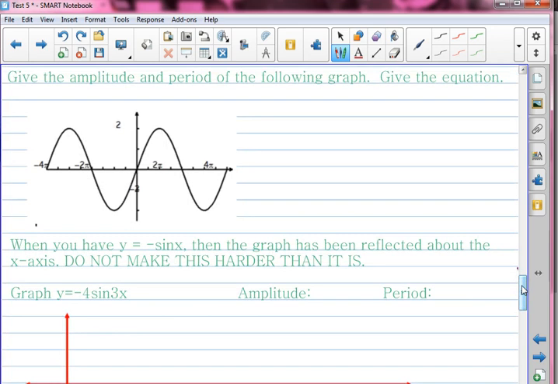This one, give the amplitude and period of the following graph, give the equation. This time, I would say that the period is 4 pi. You go from here to here, and it took 4 pi. So your period is 4 pi.